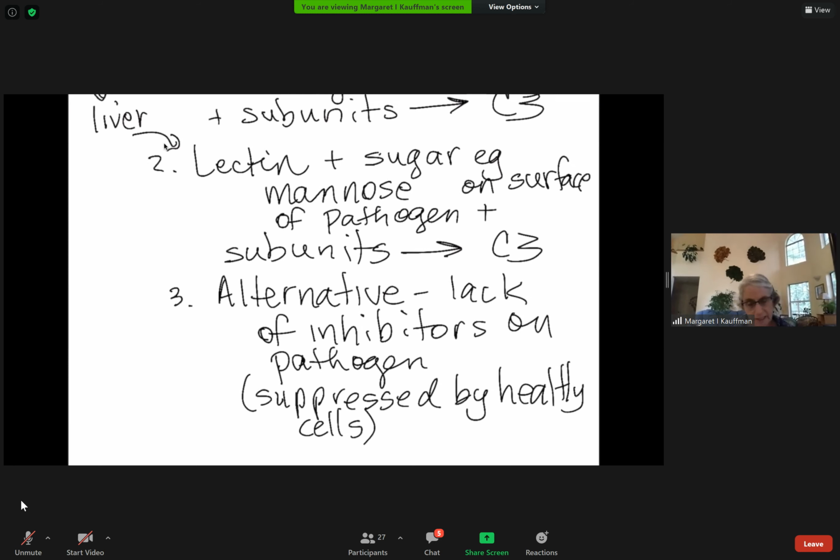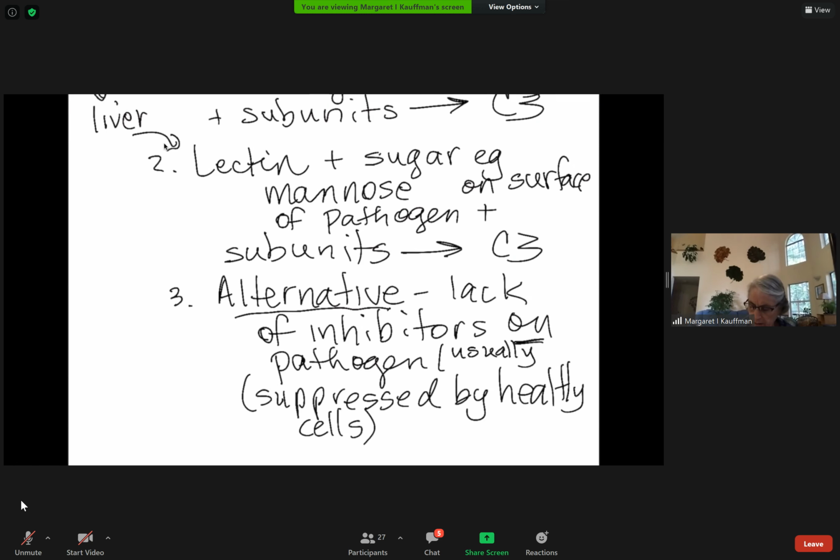Now, when I taught micro, what I used to hear was that the inhibitors are usually on the cell surface again. So this isn't something secreted, it's on the pathogen. And the typical pathogens that have inhibitors have cell walls.